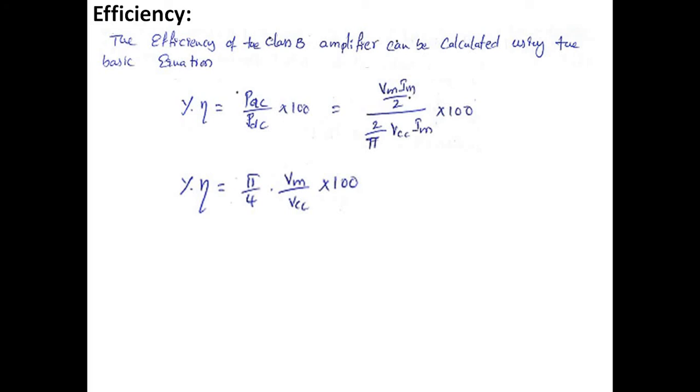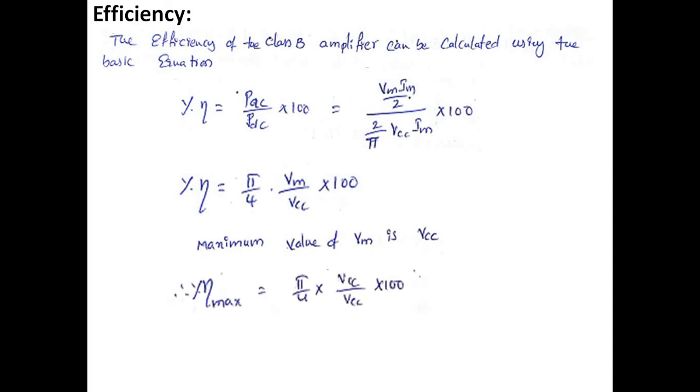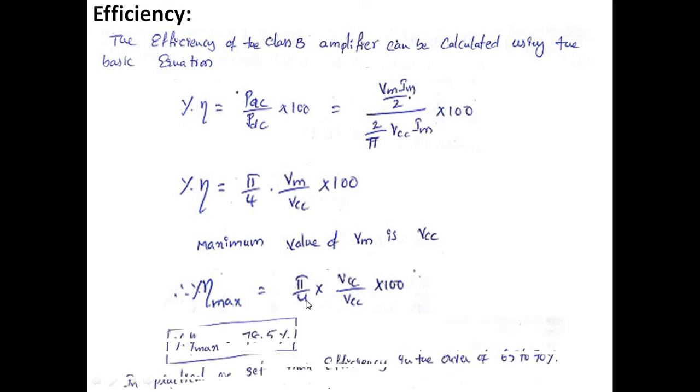by VCC into 100. And we know the maximum value and the minimum values from the previous graph. The maximum value of Vm is VCC, and you substitute Vm is equal to VCC. This VCC gets cancelled. You will get pi by 4 into 100. That pi by 4 into 100 gives you 78.5%.